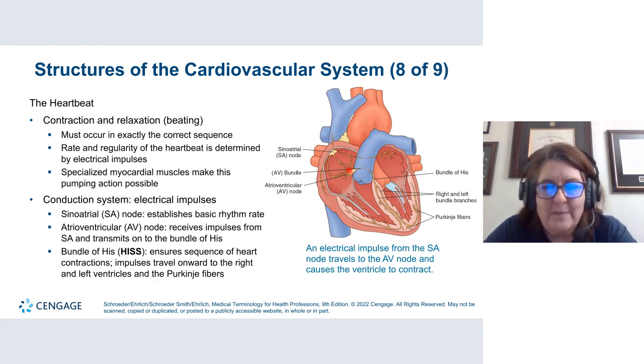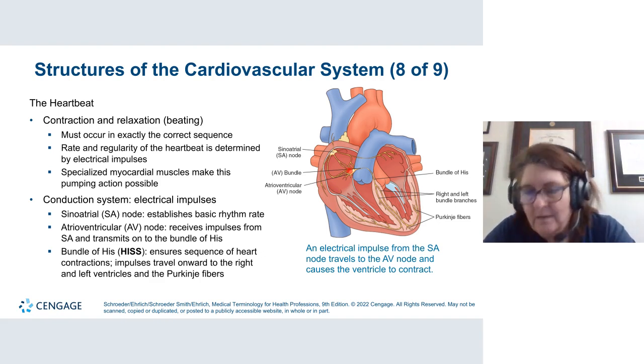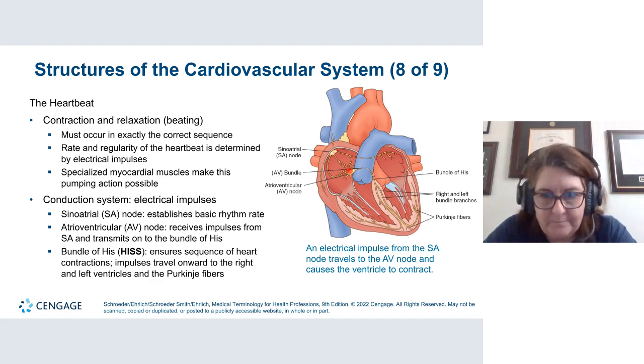The AV node, that's your backup pacemaker right there. Now, okay, what if this little guy decides not to work anymore? Well, you still have some other electrical conduction within your heart that will back you up. That electrical conduction is going to travel right down here, the septum that separates the two sides of the heart.